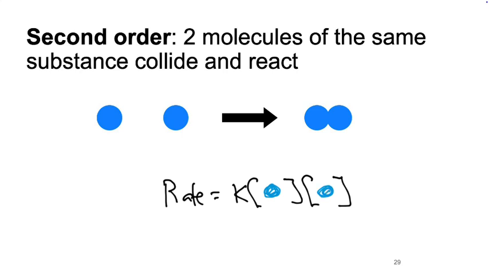Can I simplify that rate? What can I simplify it to? Squared. And I can square it. We can now refer to this reaction as a second order reaction. So the mechanism can be used to determine the order of the reaction? Yep.